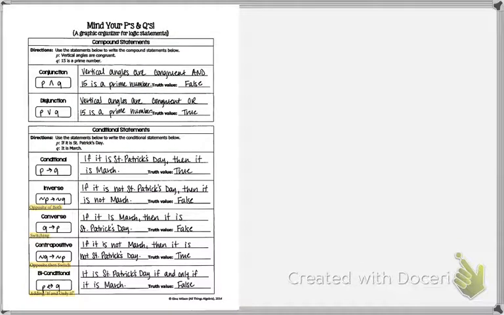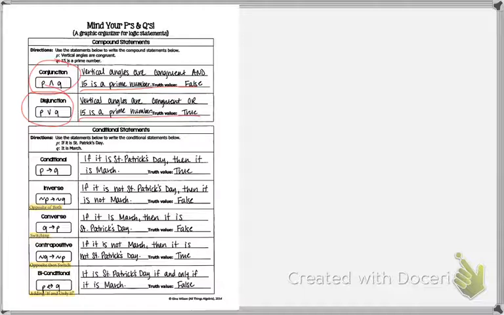So I'm going to go over this in more detail on Friday. You just have to pay attention to the cues. And on this last page of your notes, if you print it out, I gave you kind of like a graphic organizer for what we've studied already. What is a conjunction? What is a disjunction? Here's an example.